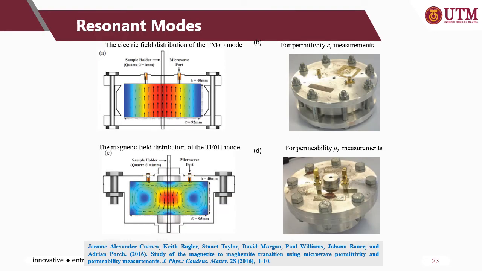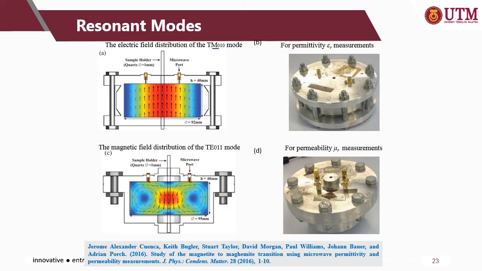And okay, as mentioned earlier, the resonant mode basically controls how the signal travels. Okay, it determines how the signals travel across the structure. For example, TM010, this is where the magnetic field is the dominant field across the structure.